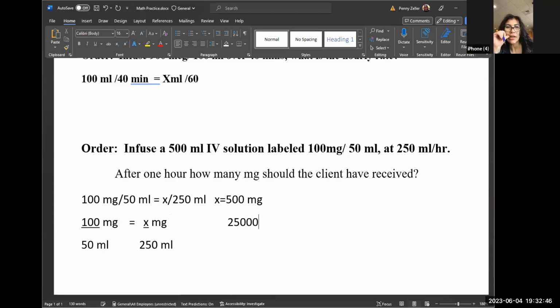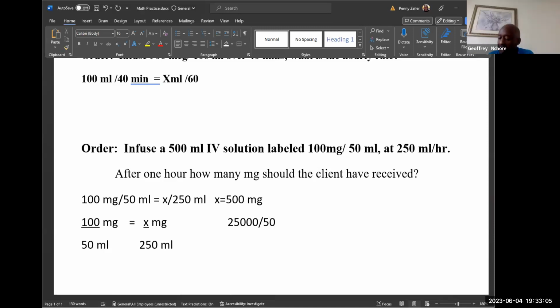How do I know I have to do that in these problems? Because of what the question is asking you. For me, I think of it like this: 100 milligrams over 50 mL is what we have.